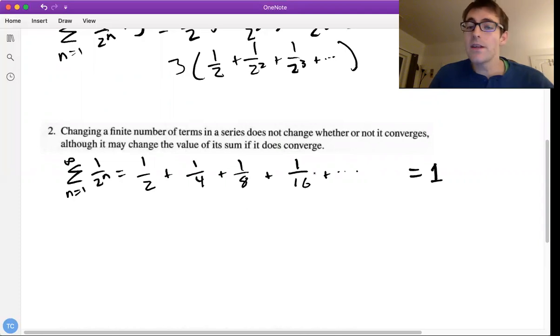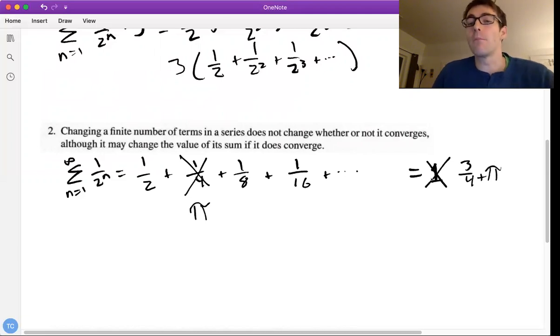Since this series converges, if we change something in here, let's change this 1/4 to pi, well, we're adding together all these infinitely many things. That's certainly going to change this number. I believe then it becomes 3/4 plus pi. So it converges to a different number, but it still converges.